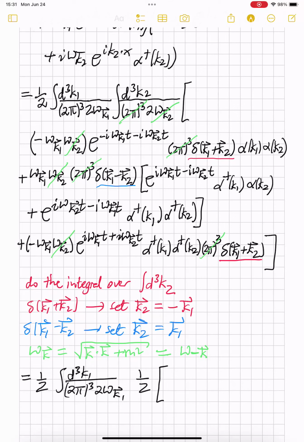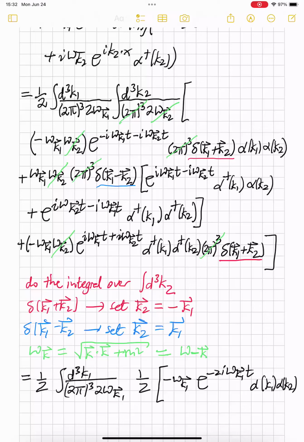And in the first term, we've got minus omega k1. In the exponential, we must set k2 equal to minus k1, but omega of minus k1 is omega of k1. So we've got e to the minus 2i omega of k1 t. And then we've got alpha of k1, alpha of k2. So that's the first term.